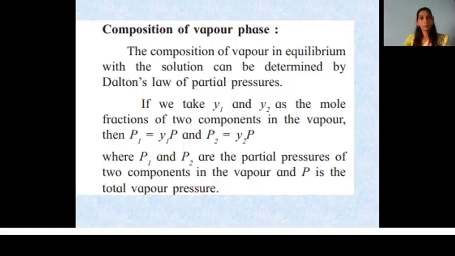The remaining part of this lecture is the composition of the vapor phase. The composition of the vapor phase in equilibrium with the solution can be determined by Dalton's law of partial pressure.